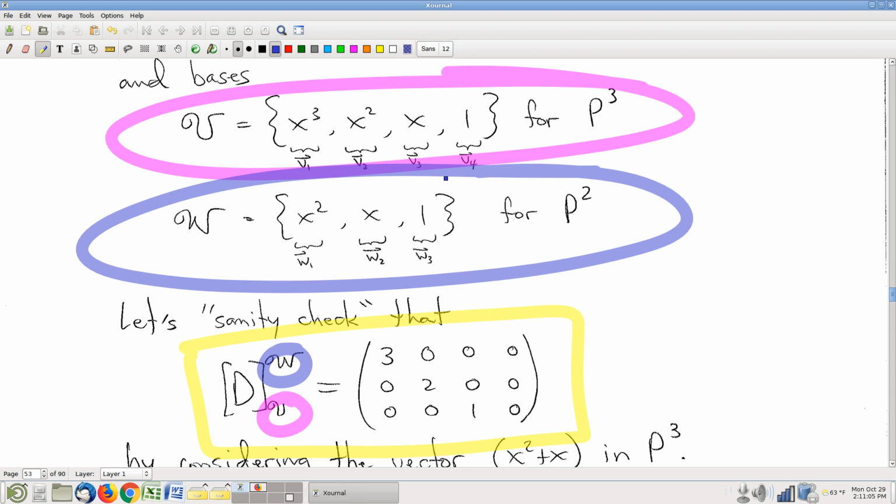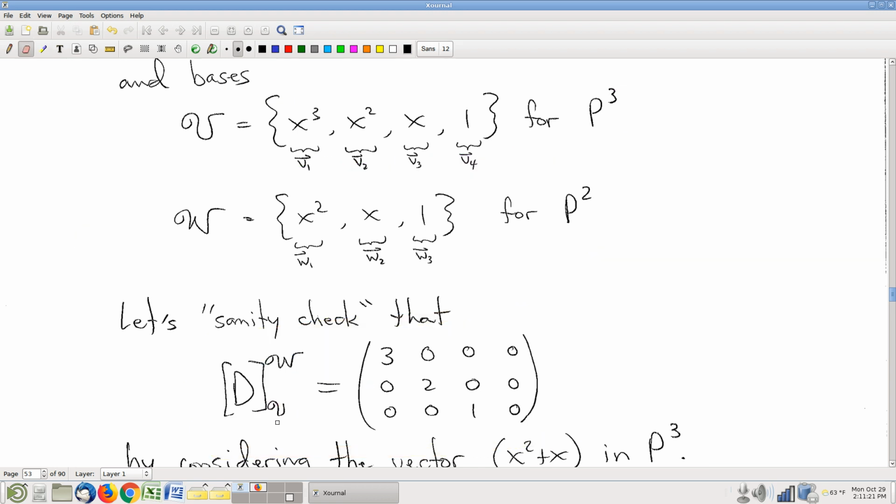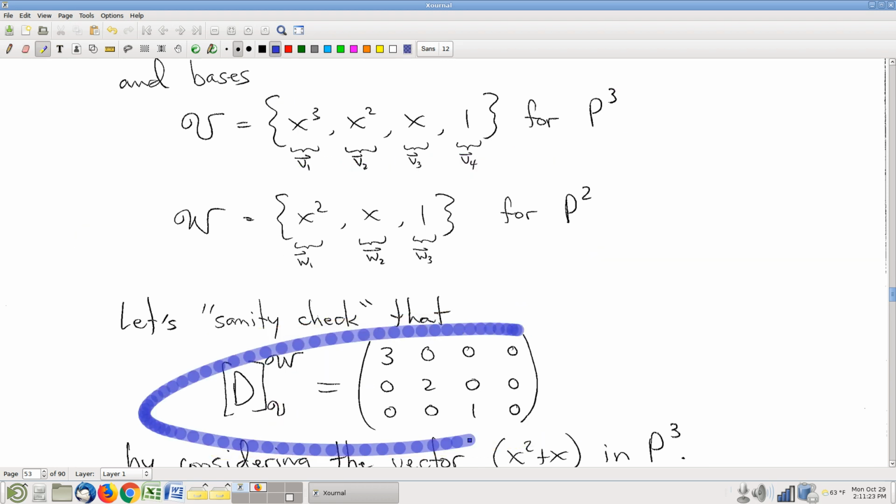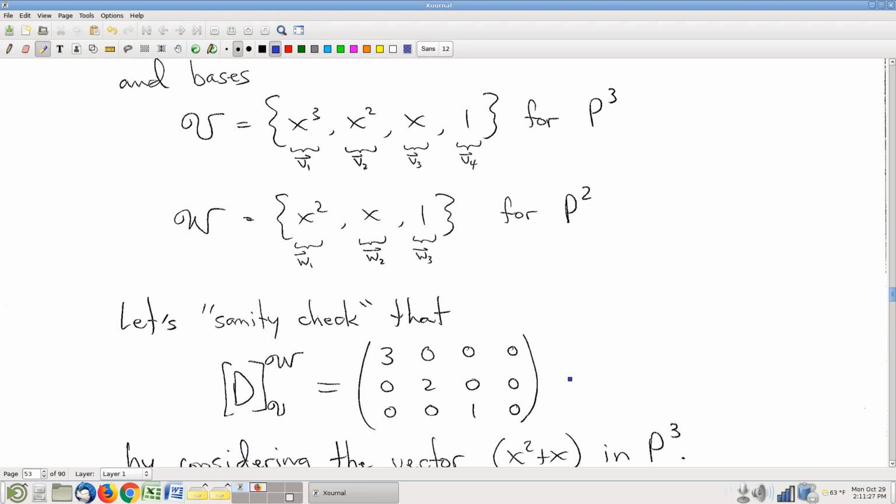I'm very happy with this choice for myself. Let me confess, different books make different choices, and that's fine. But for the purposes of Math 216, we're going with this. Domain is a subscript. Target basis is a superscript. All right. So I claim that this basically does differentiation. Let's see that in action.